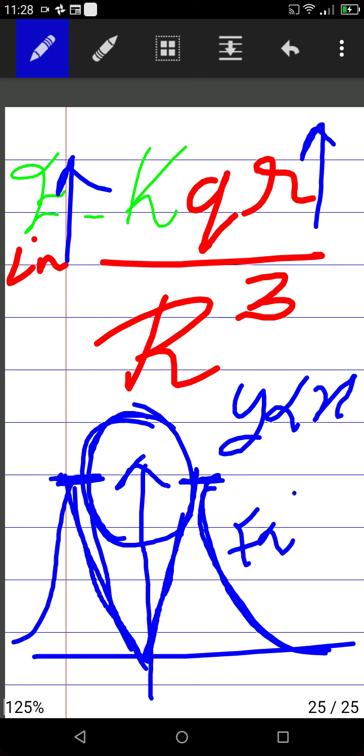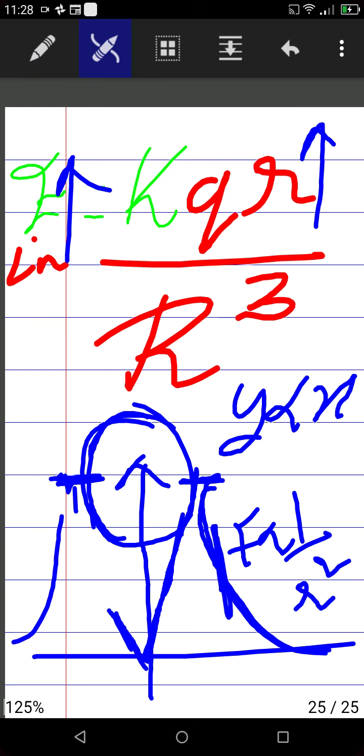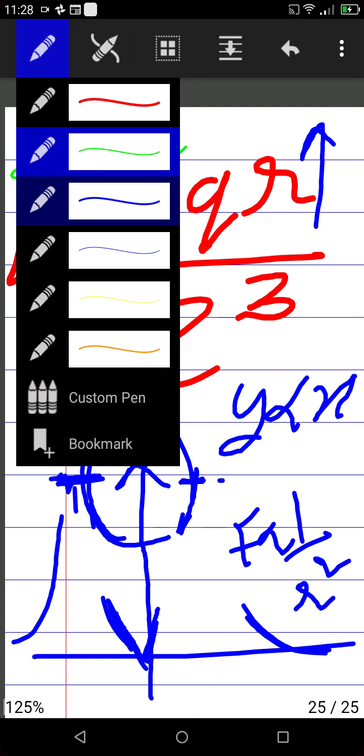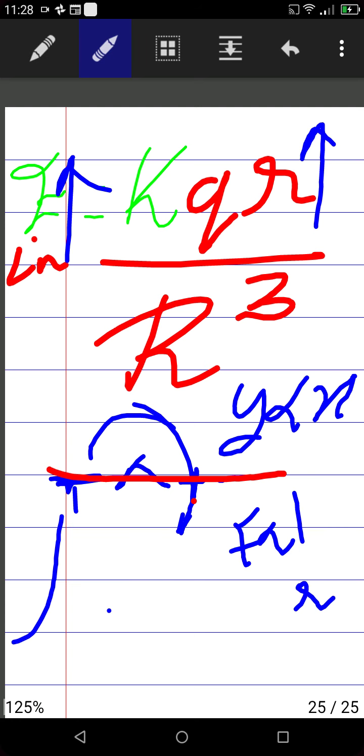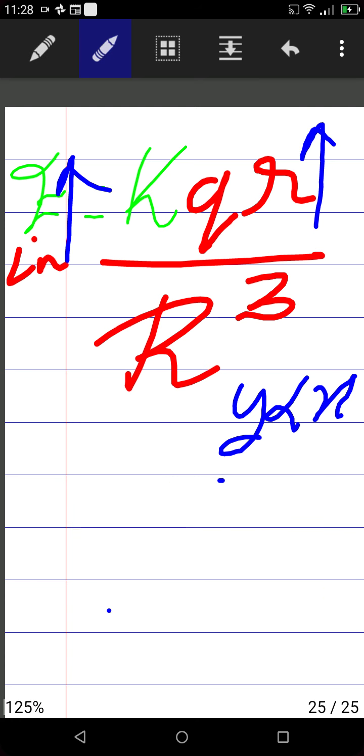Here E is inversely proportional to r square. Inversely proportional means we have to draw a kind of hyperbola. Sorry, the drawing is not good. I will draw it neatly.